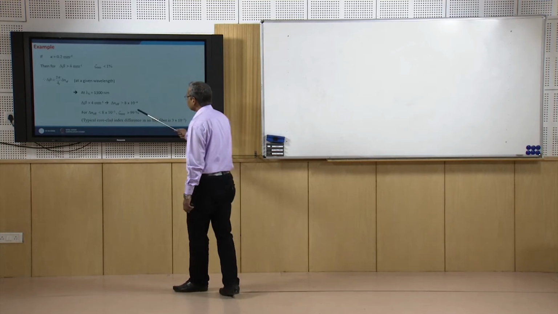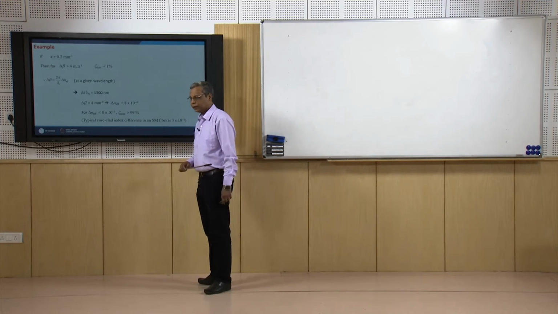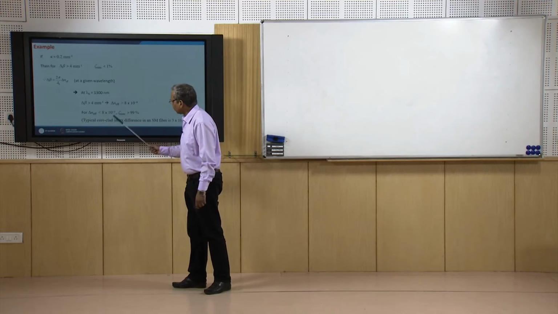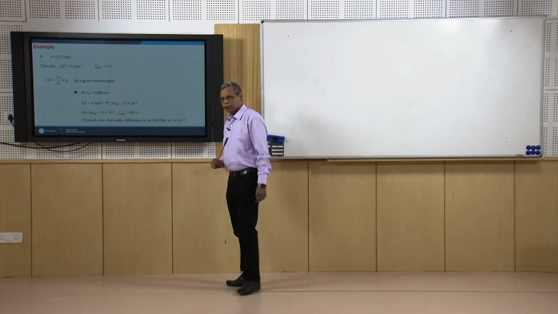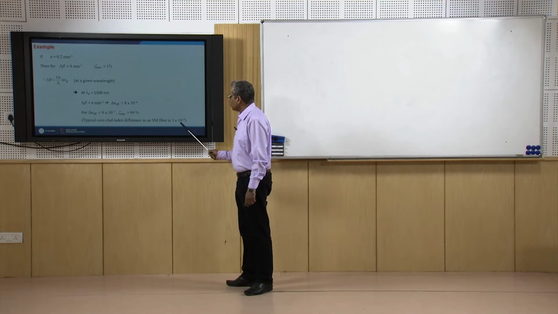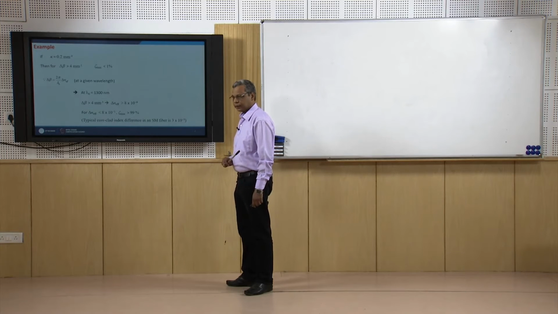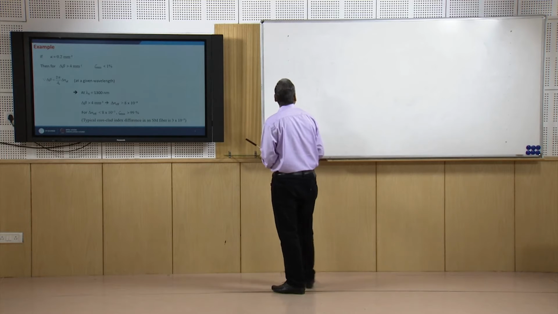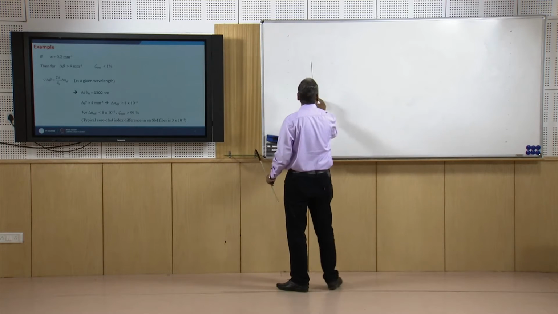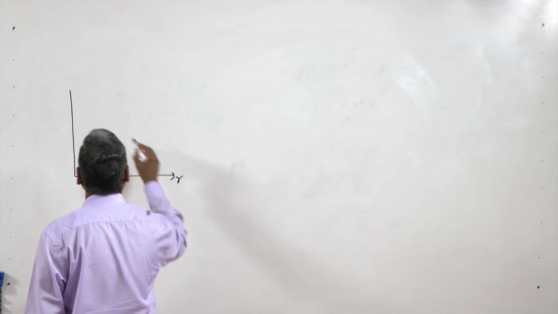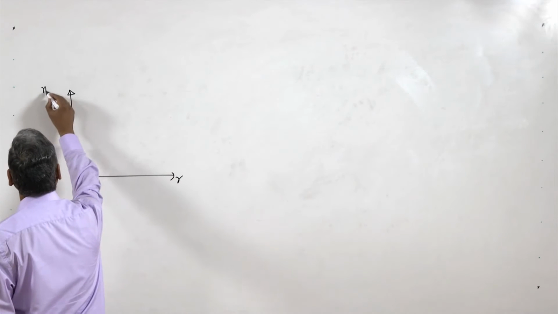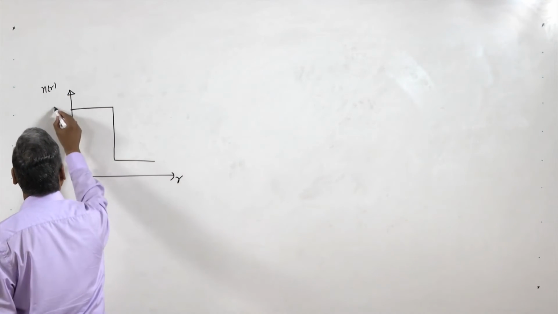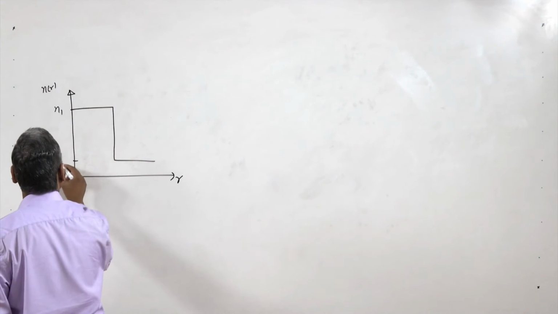How large is this delta n effective? You can compare it with the core-cladding index difference in a single mode fiber, which is 3 into 10 to the power minus 3. So, if you have a single mode fiber and I draw the refractive index profile, with R on one axis and NR on the other, this is N1, this is N2.